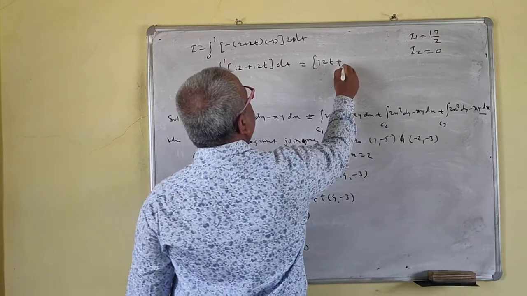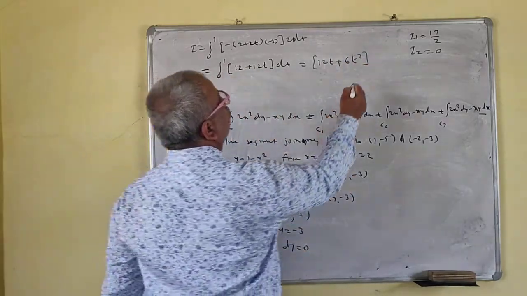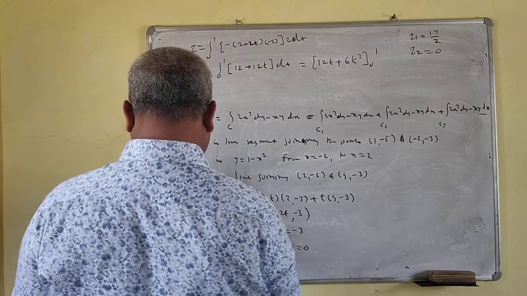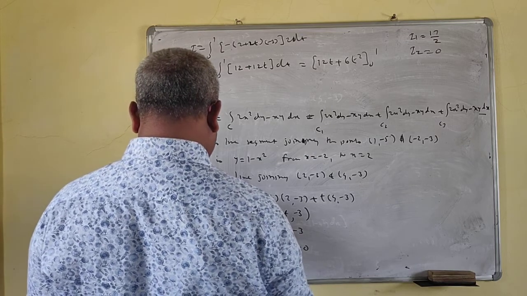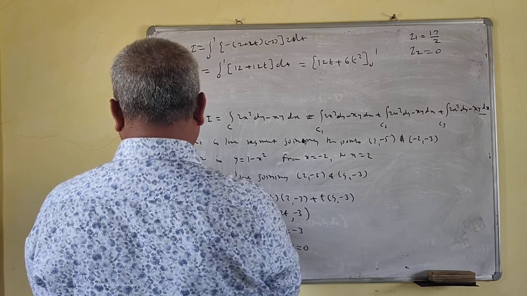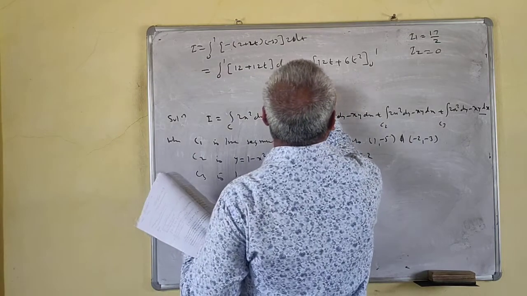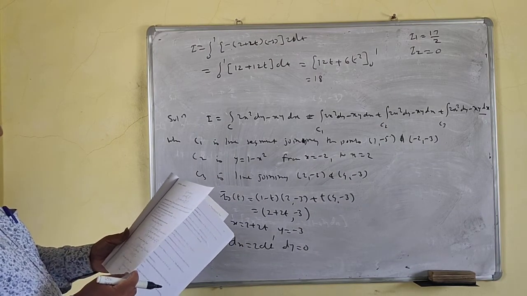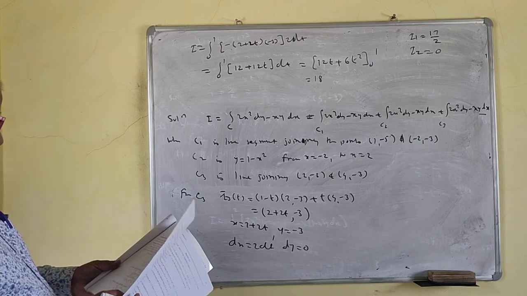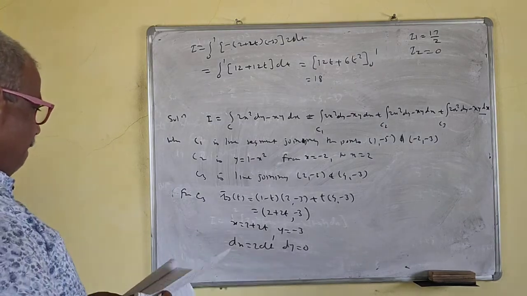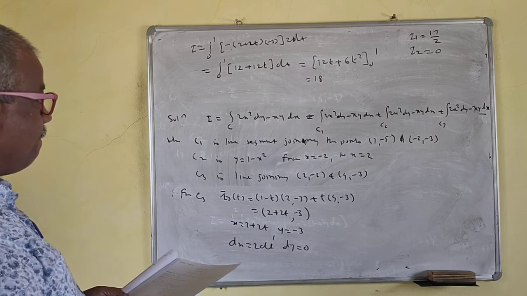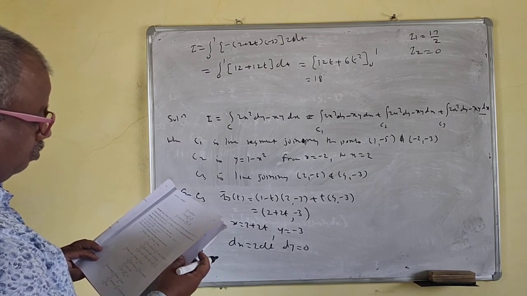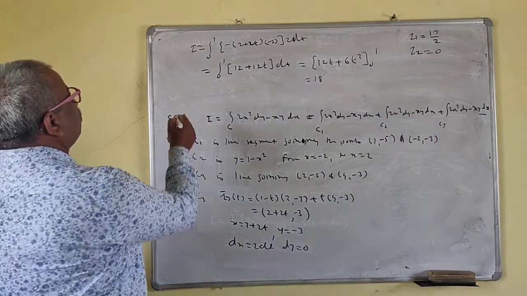This is 12t plus 6t square, 0 to 1. So this is 18 now. This is your I3 now.